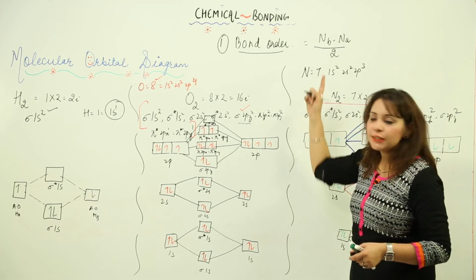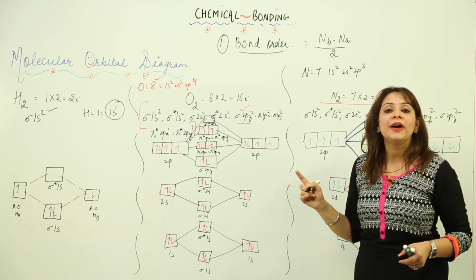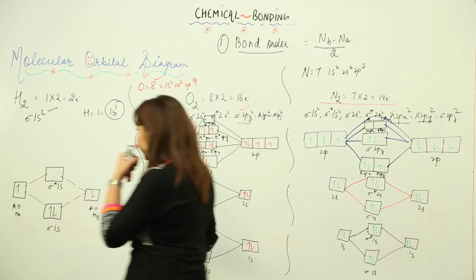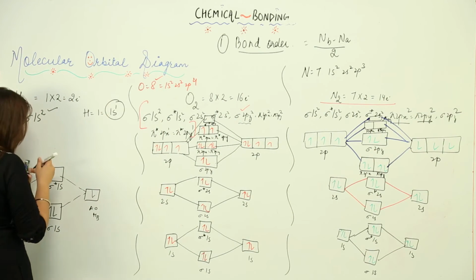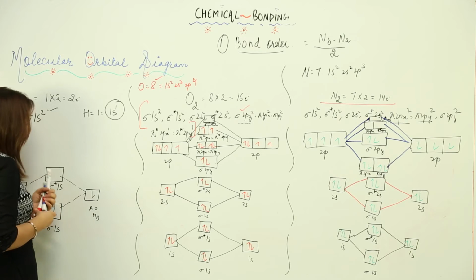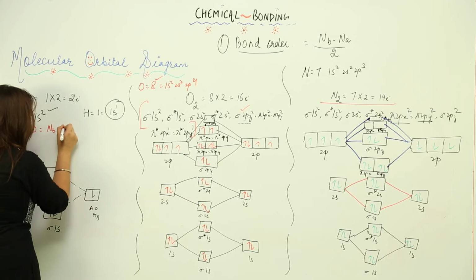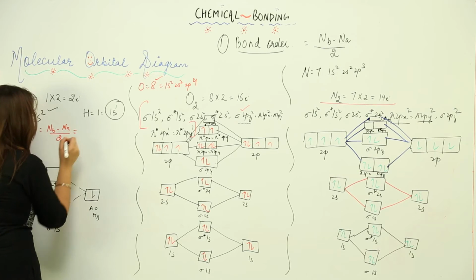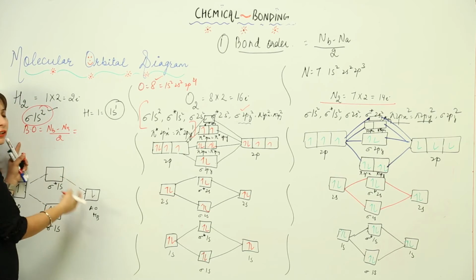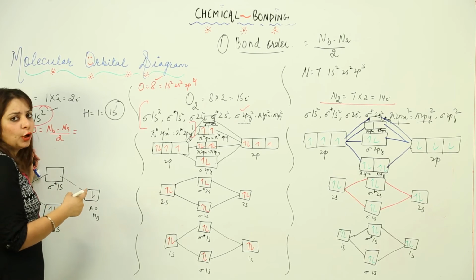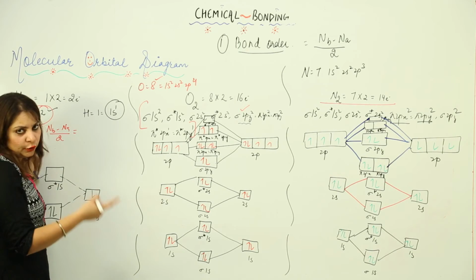So let's apply this formula to 3 molecules in order to find the bond order, right. So here, I need to find bond order, and I write bonding minus anti-bonding divided by 2. How many bonding electrons? When you are calculating the bond order, you don't need to look at the molecular orbital diagram.